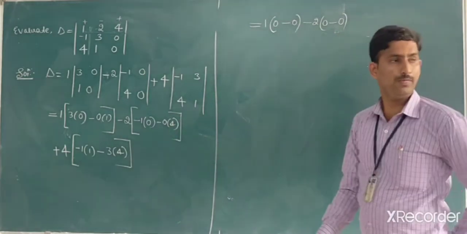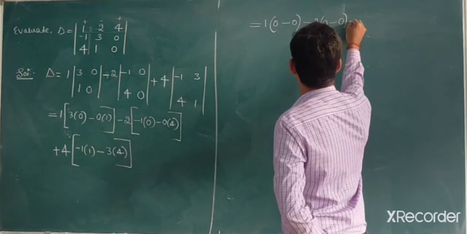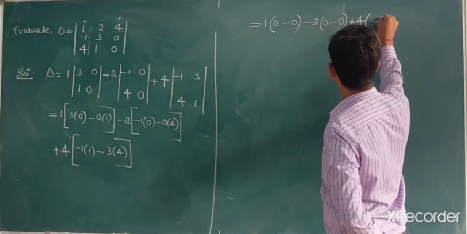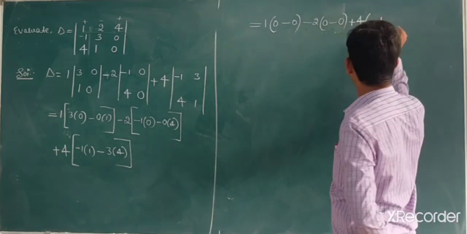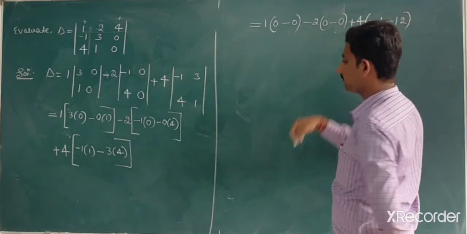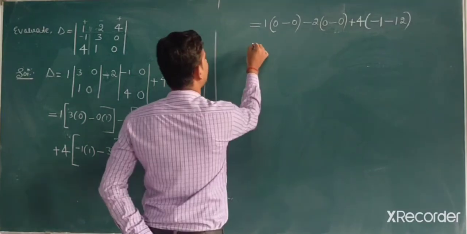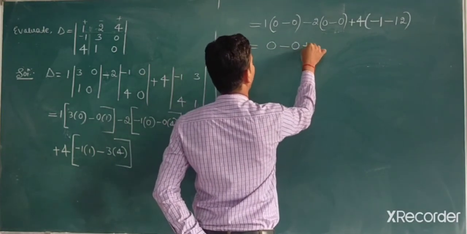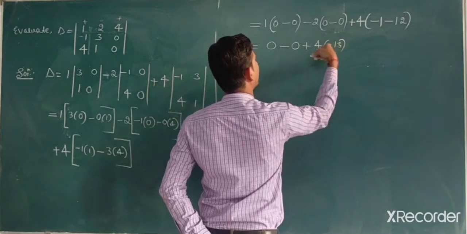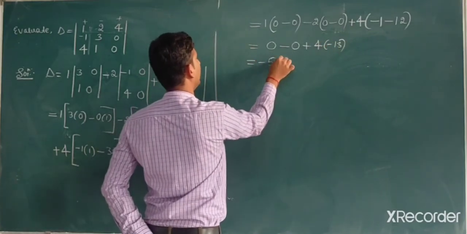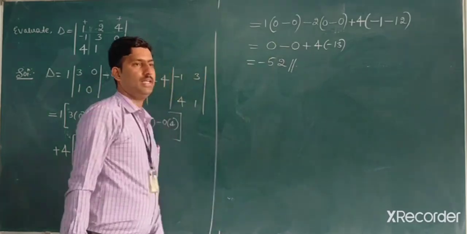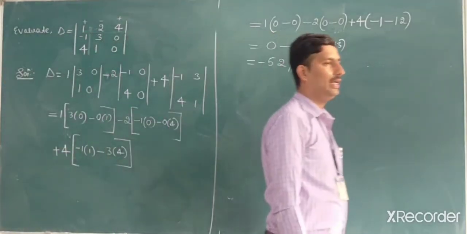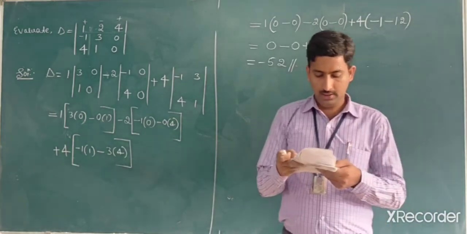After that, plus 4 into minus 1 minus 12, which is minus 13. This is 0, this is 0, plus 4 into minus 13, which is nothing but minus 52. Minus 52 is the correct answer.